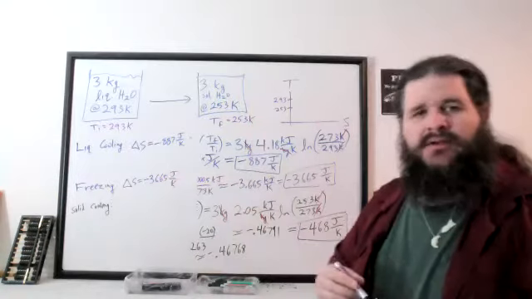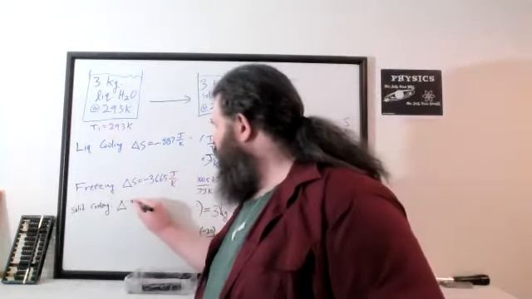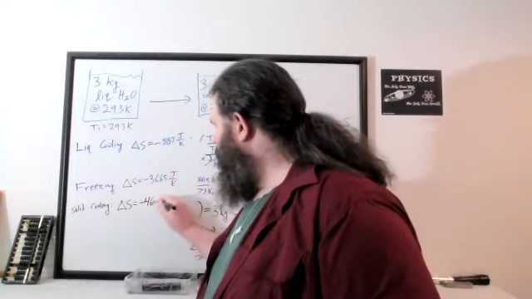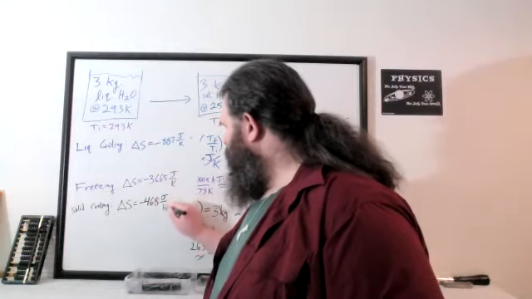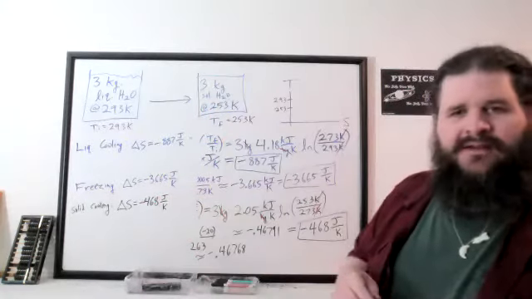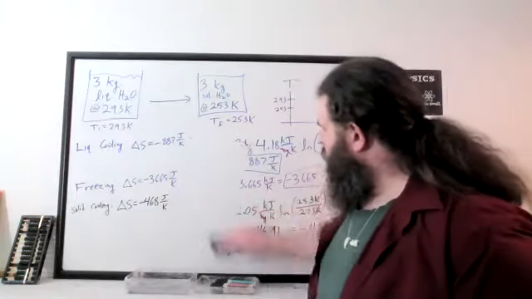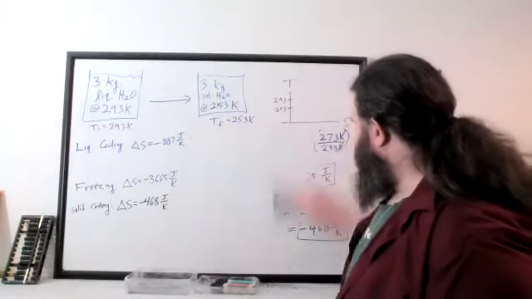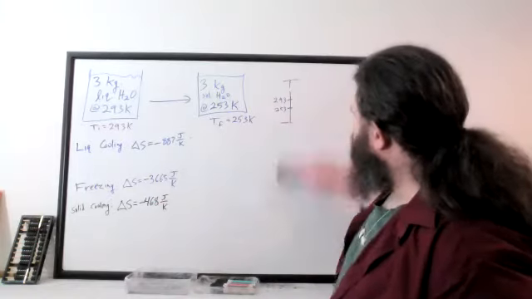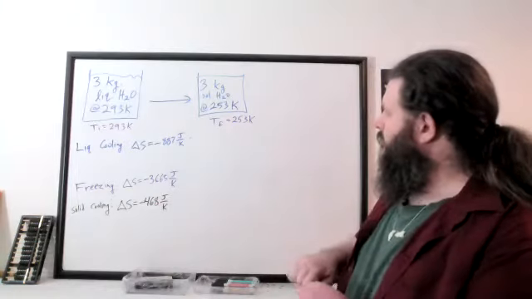And during the solid cooling process, delta entropy is negative 468 joules per Kelvin. So we can convert these into points on the temperature versus entropy graph. Let's see if we can sketch that out.